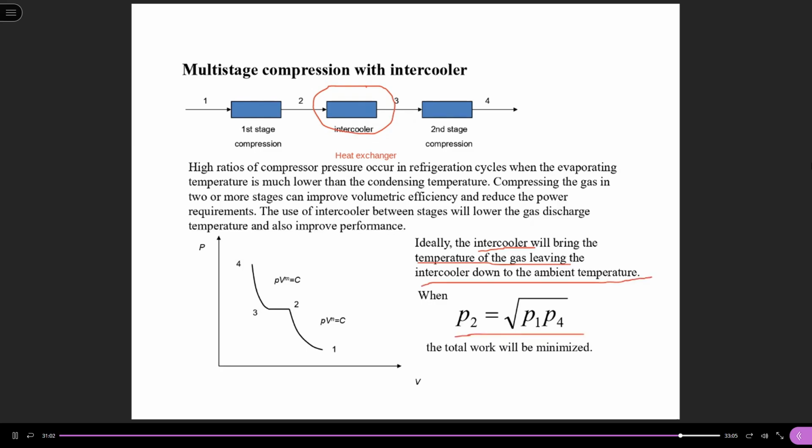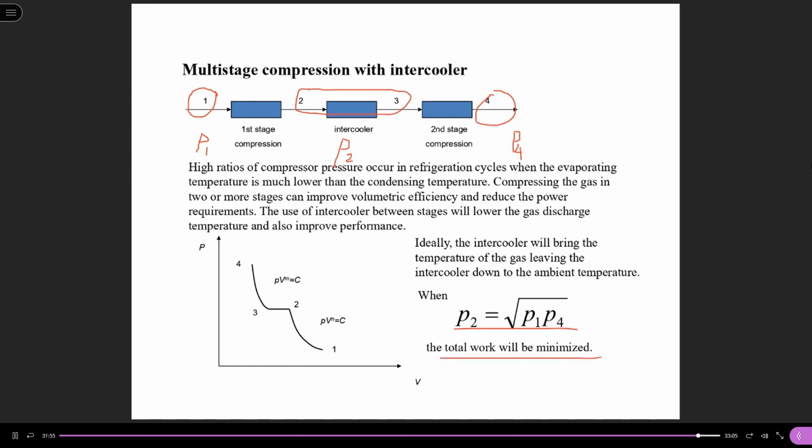So we have the pressures 1, 2 and 3. When the intermediate pressure 2 gives the same compression ratio for each stage, then we have the minimized work.